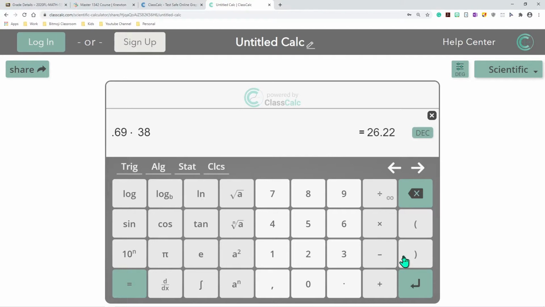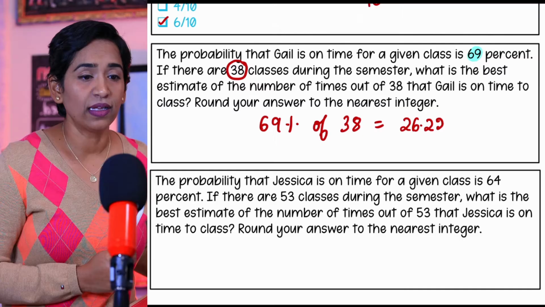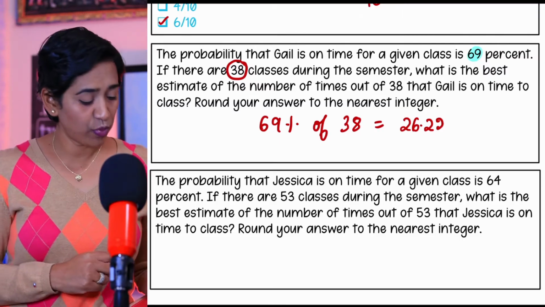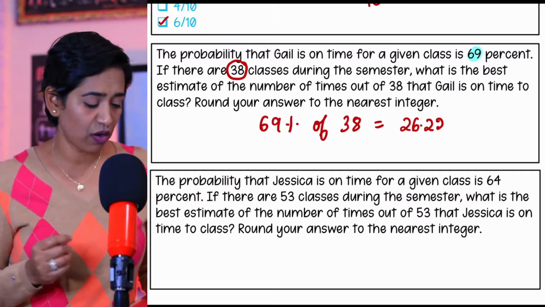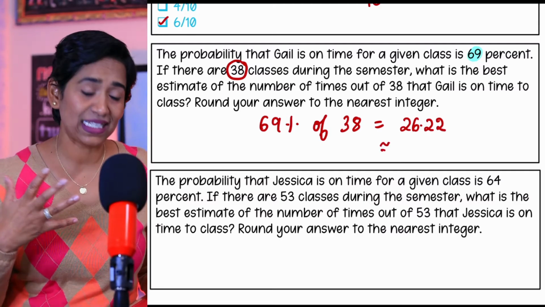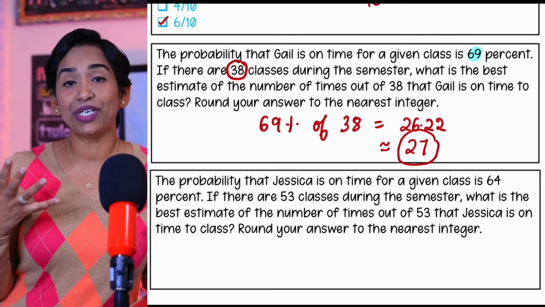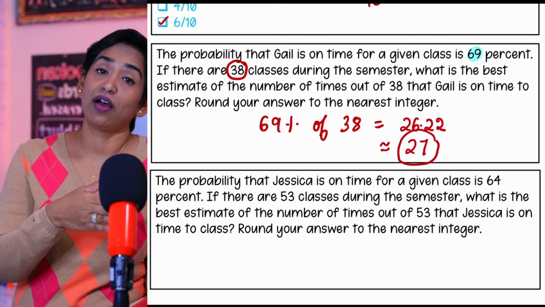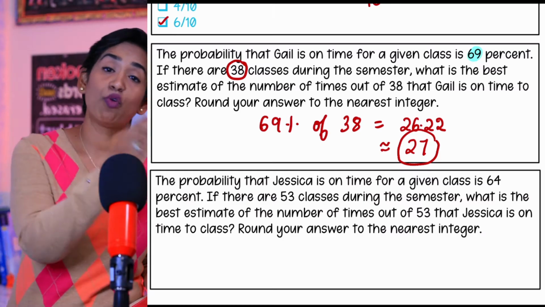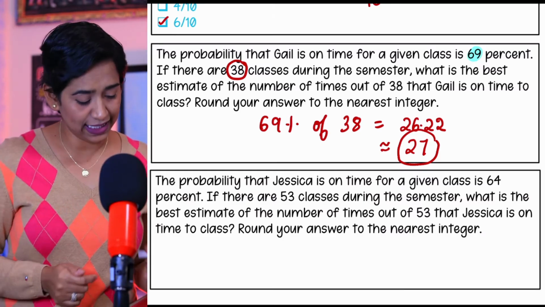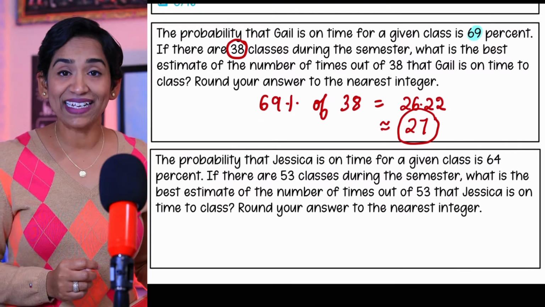I'm going to write that down, 26.22. But we're rounding off, so I'm going to round it up to 27, because she can't come 0.22 times. That's impossible. So you always round up when it comes to cases like this. Let's take a look at the next one.